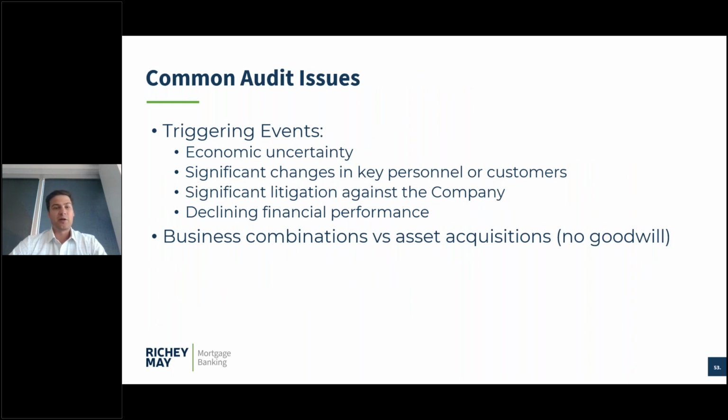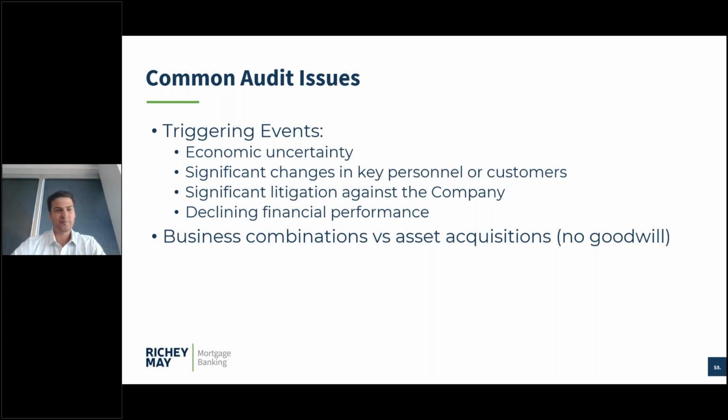Some of the common audit issues we see in regards to goodwill impairment is not realizing that a triggering event has occurred. These can come in a variety of ways and can often be specific to your company. One way is economic uncertainty, as I described in the last example. Additionally, let's say a product manager that was crucial to providing future outputs leaves, that can be a triggering event.